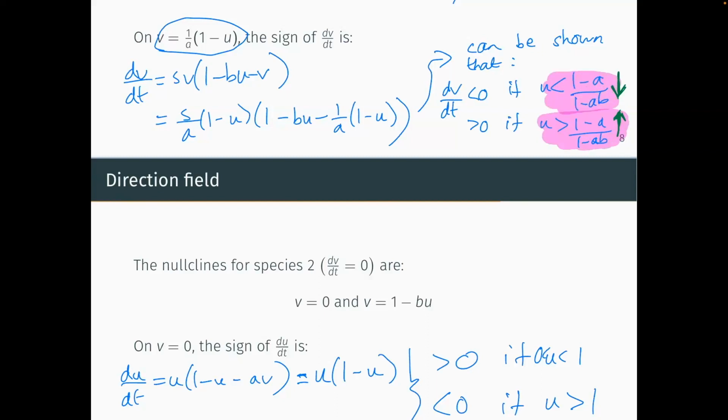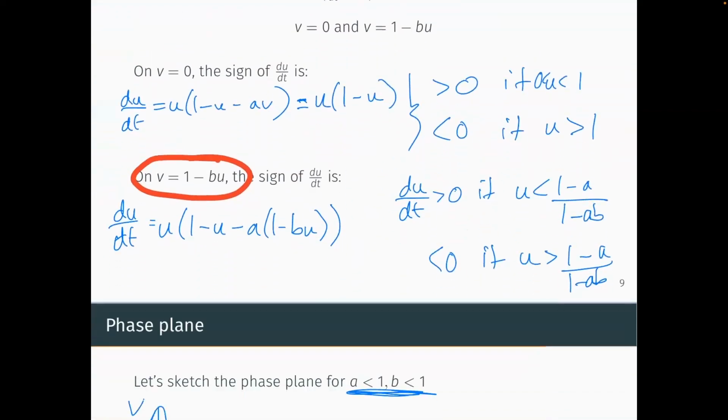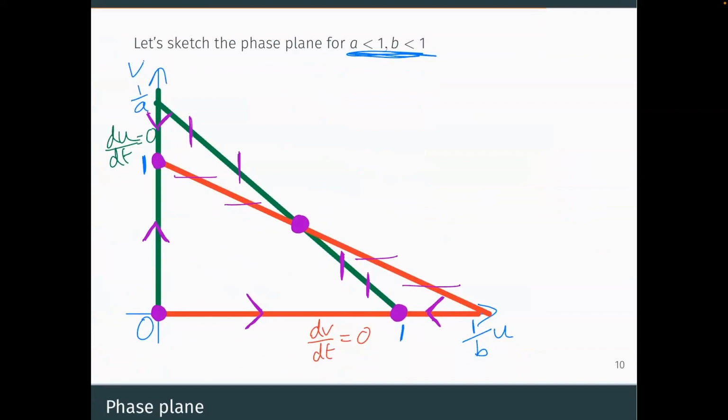And that value corresponds to my coexistence equilibrium. So when I'm to the right of my coexistence equilibrium and on that green diagonal line, I must be moving up. So these arrows down here have to be moving up, because u is greater than that value.